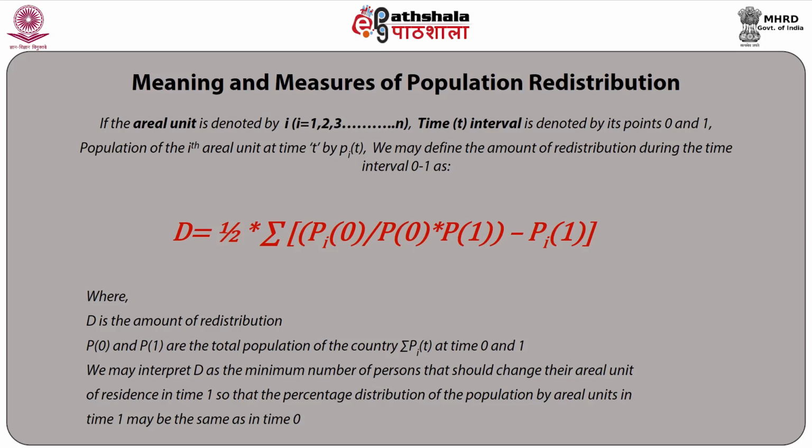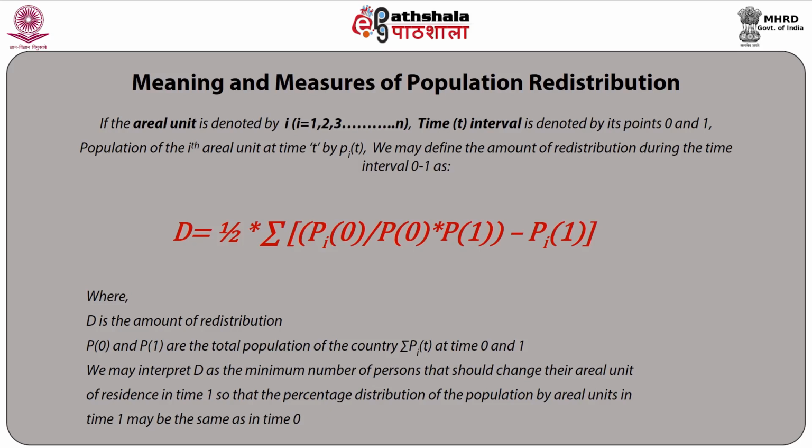We may define the amount of redistribution during the time interval 0 to 1 as D equals 1 by 2 into sigma of the absolute value of P_i(0) divided by P(0) minus P_i(1) divided by P(1), where D is the amount of redistribution and P(0) and P(1) are the total population of the country, sigma P_i(t), at time 0 and 1.